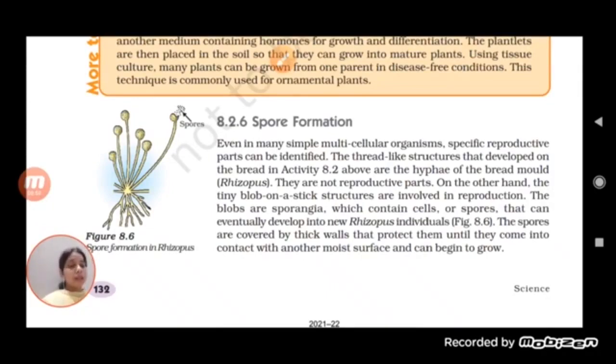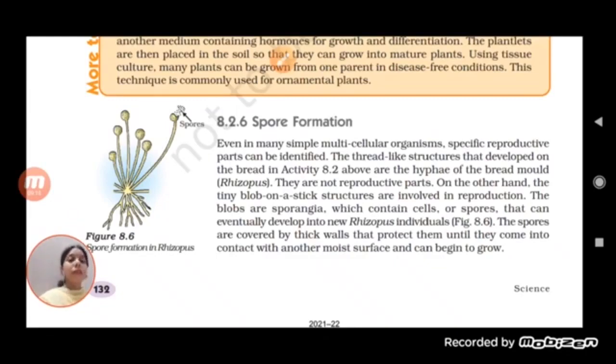The thread-like structures that develop on the bread are the hyphae of the bread mold, and they are not the reproductive part. On the other hand, the tiny blobs on the stick structures are involved in reproduction, and the blobs are sporangia, which contain cells or spores that eventually develop into new Rhizopus individuals.